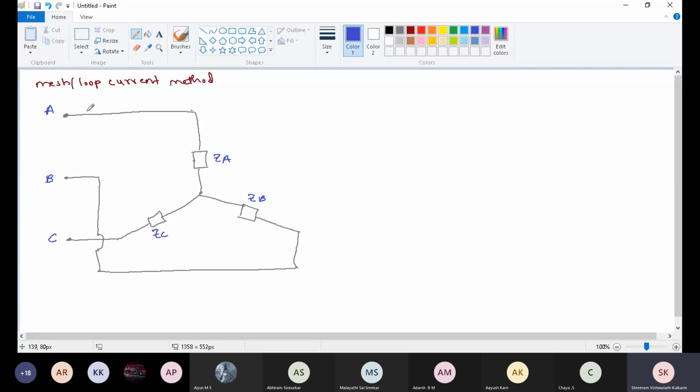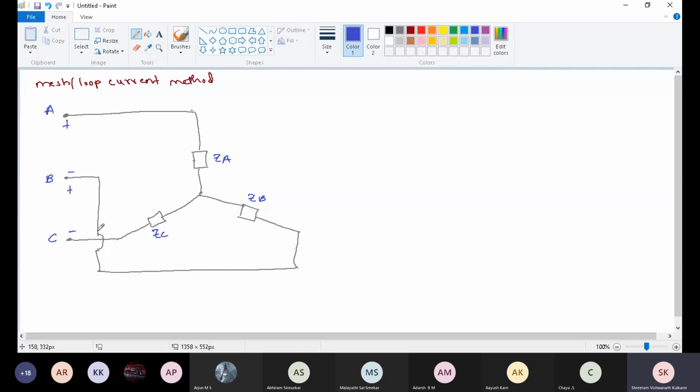Fine. I'm going to mark the potential for this voltage, plus minus, for this plus minus. The line voltages, VAB and VBC, because we need to analyze this 3-wire star connected load with mesh or loop current method.